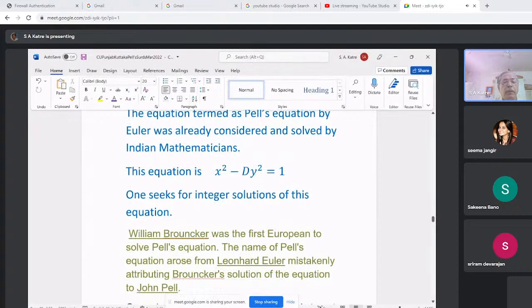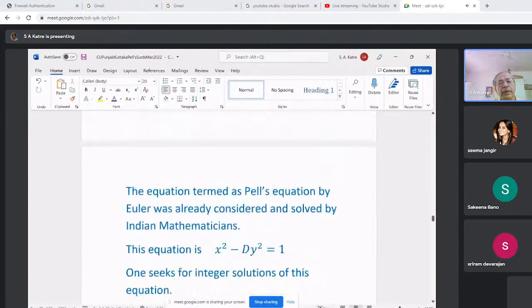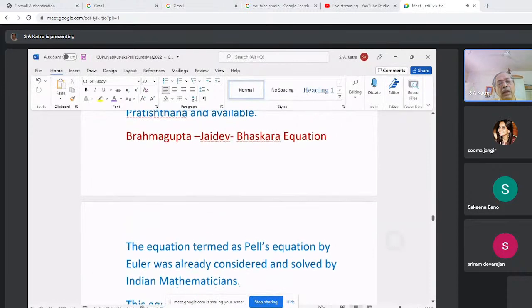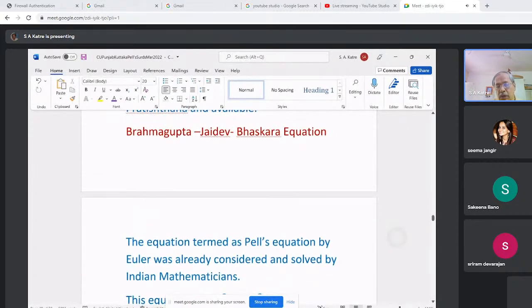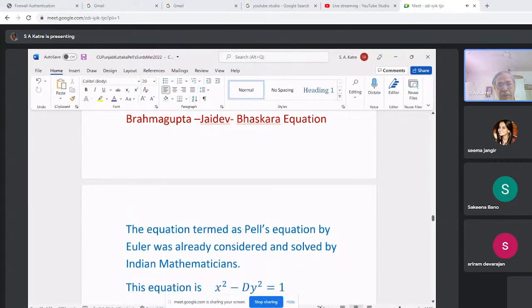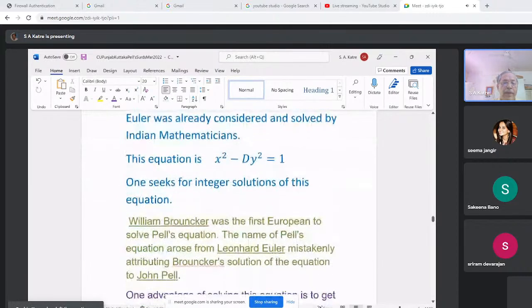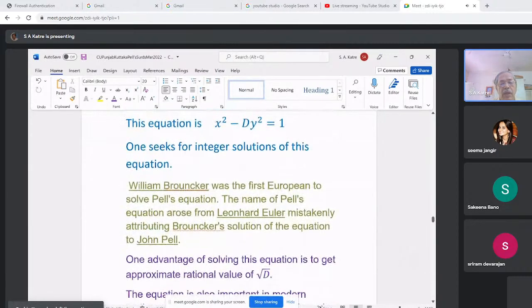Okay. Now, this equation was solved in the 12th century essentially by Bhaskaracharya, by using the development of solutions by the previous mathematicians, and he put in his own ideas. And in Europe, it was solved much later, in the 17th century.